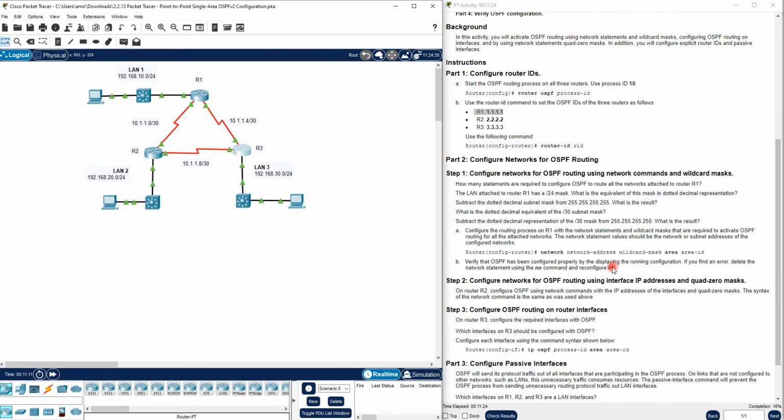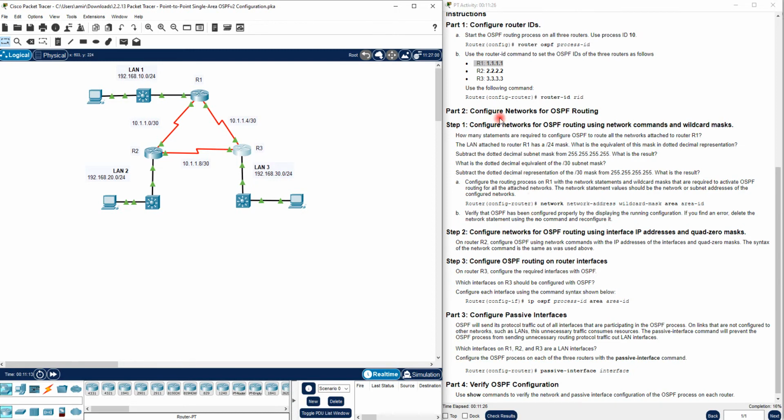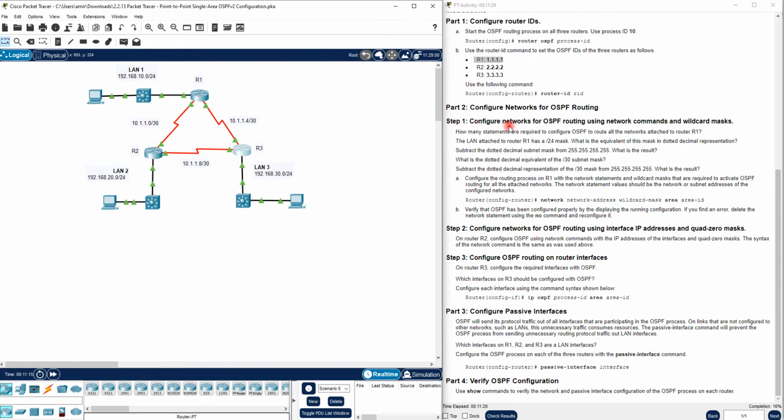And the other thing we should follow here is configuring networks for OSPF routing. How many statements are required to configure OSPF to route all the networks attached to router 1? Router 1 is connected to 3: one router, another router and another LAN here.